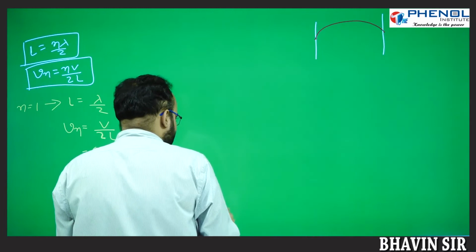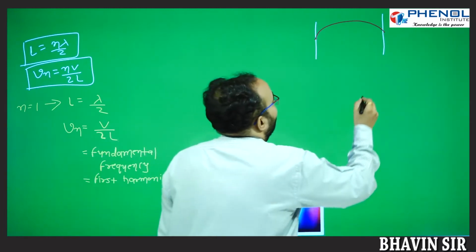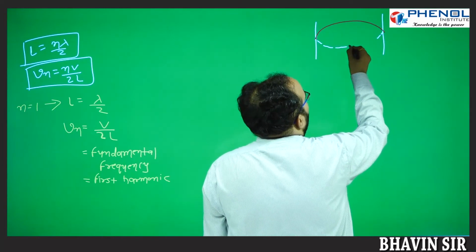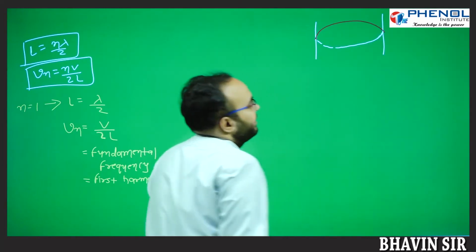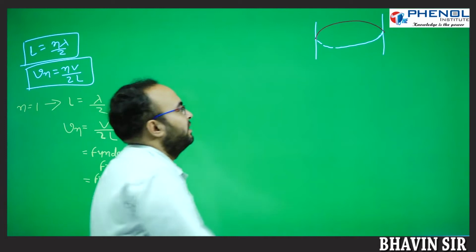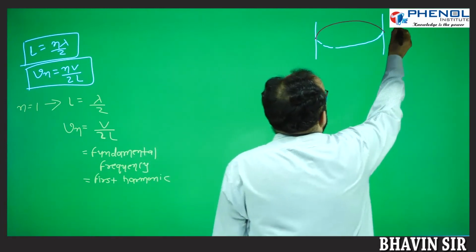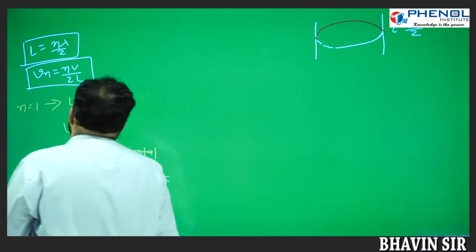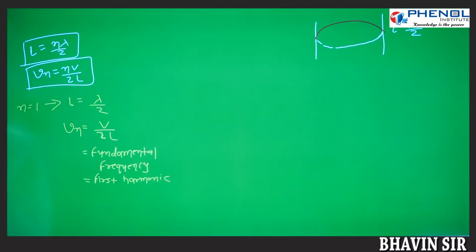So this is the incident wave, and from that point this is the reflected wave, and its length is also lambda by 2.